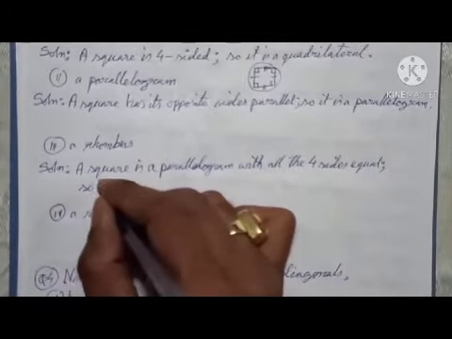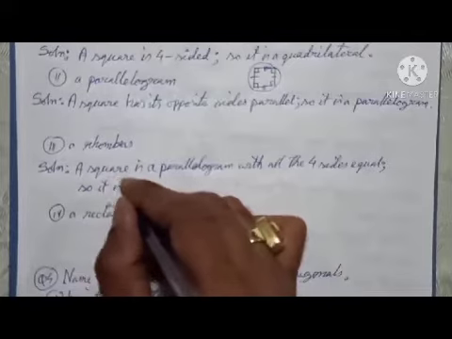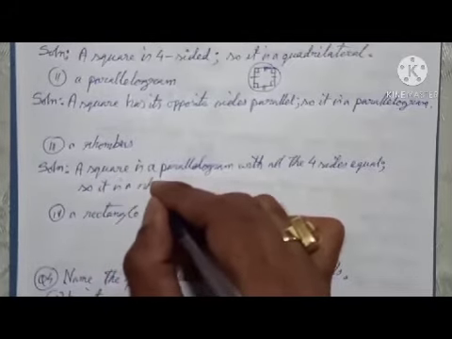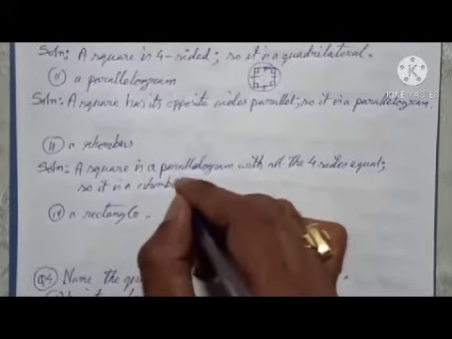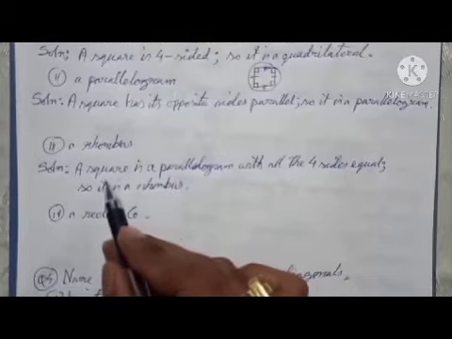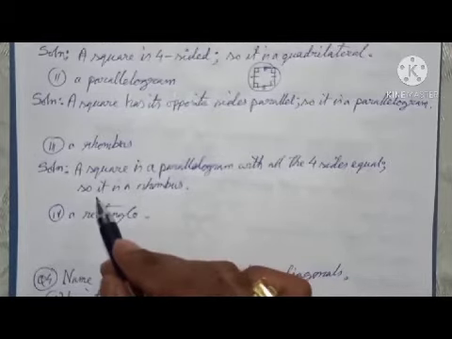So it is a rhombus. In a square, all the four sides are equal in length. So square is a rhombus.